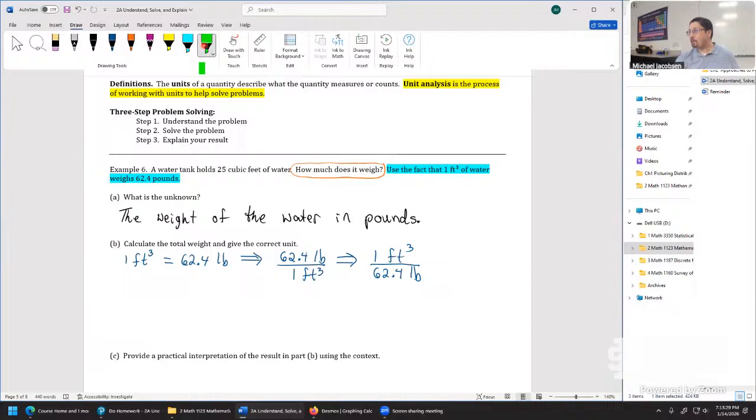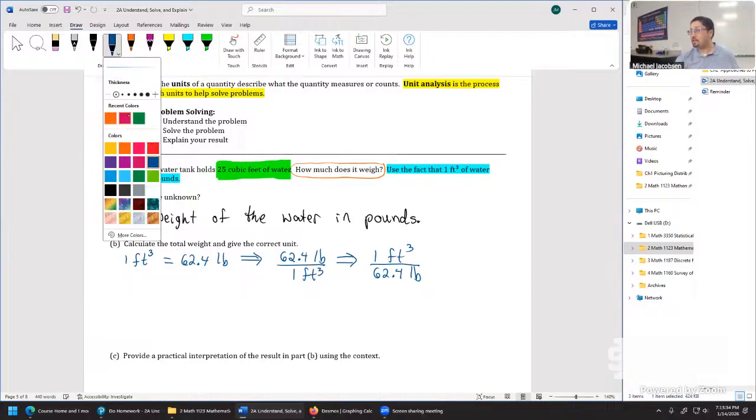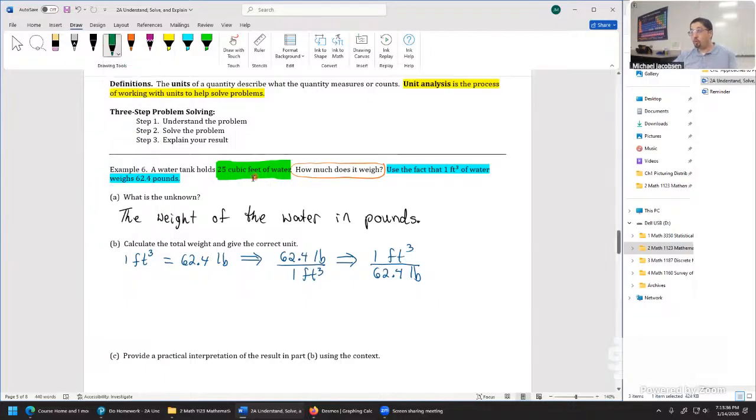So now we use the fact that we have 25 cubic feet of water. If we want to know what that weighs, we'll take 25. It says cubic feet, but that just means there's a unit, feet cubed. So let me put feet cubed here as well.